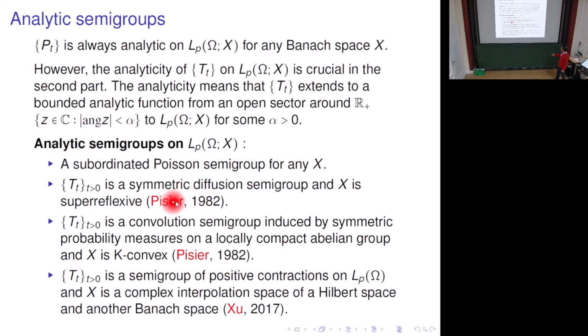In the Bourgain result, this is just a calculation. If for any symmetric diffusion semigroup the extension is analytic, then X must be super-reflexive. This is also a calculation. You have to assume a large family of semigroups, a family without holes, then X must be super-reflexive, and in the second case, X must be K-convex.